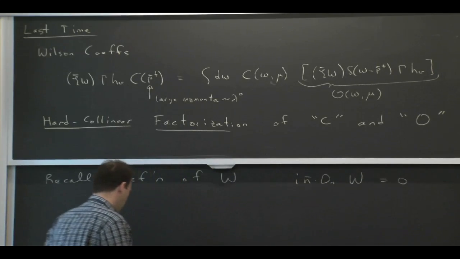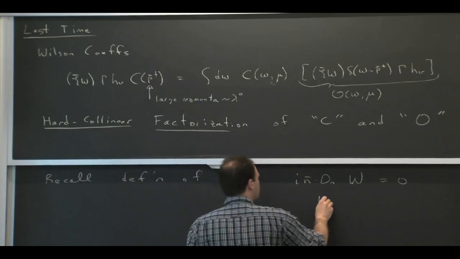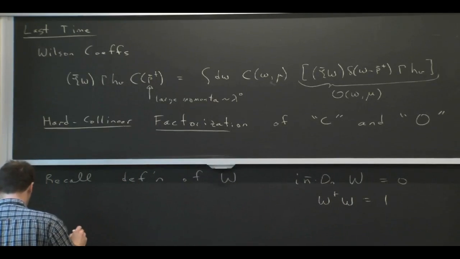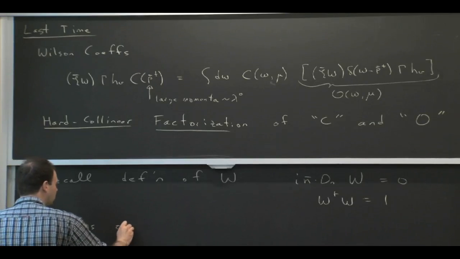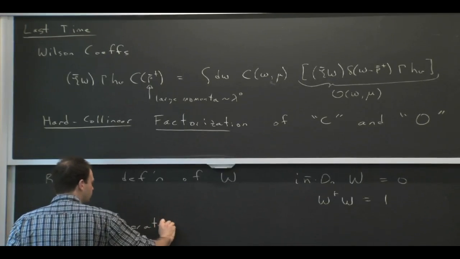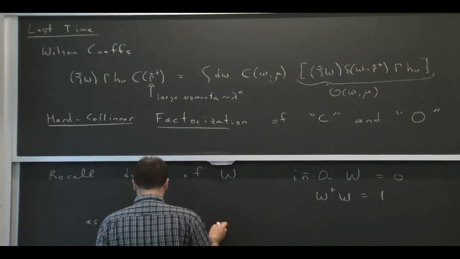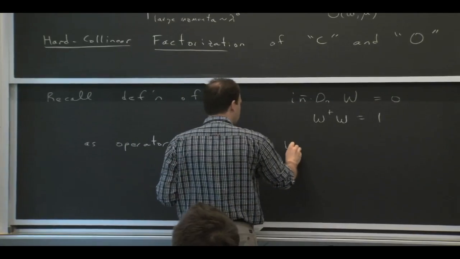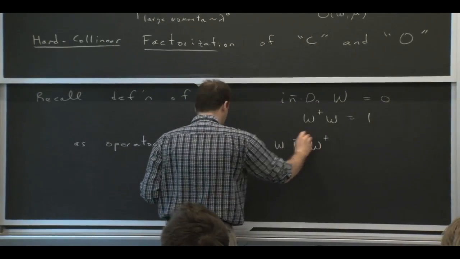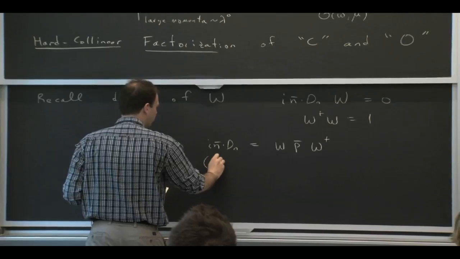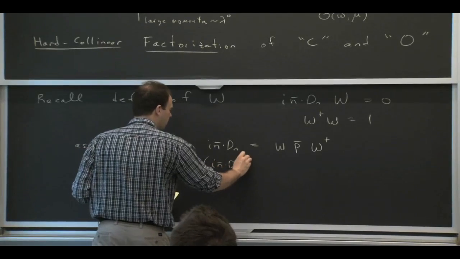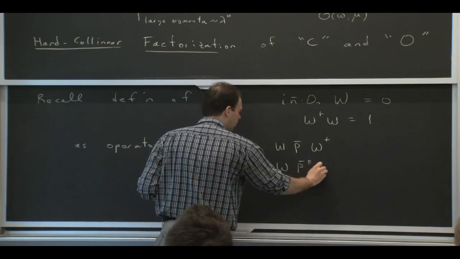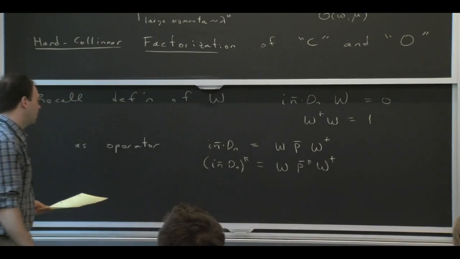So that was one way of defining the Wilson line. And as an operator, we had relations as well. So we had this relation, and in particular, we could take this to any power, and that just takes the p bar to any power, like that.